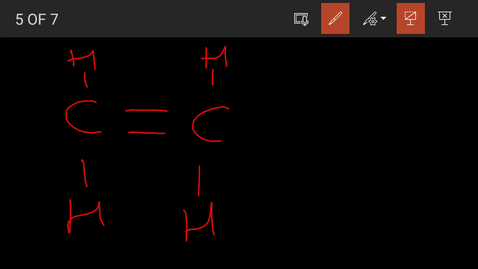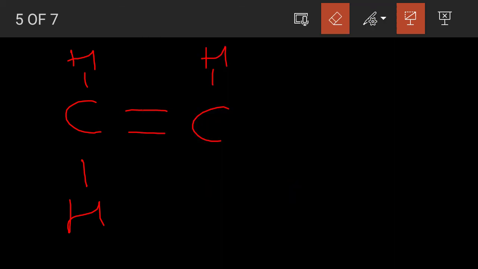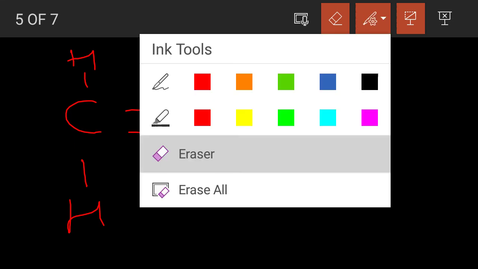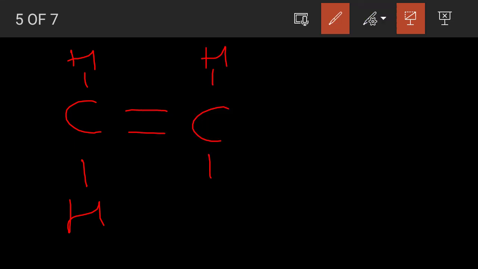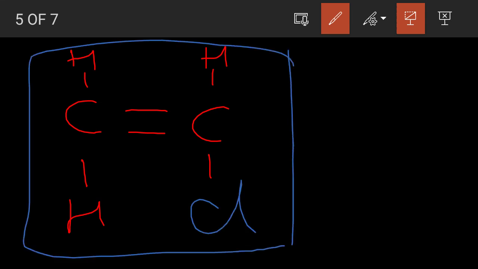Here what happens, if the bond between one carbon and hydrogen atom breaks and this hydrogen atom is replaced by a chlorine atom, then this compound is called an alkenyl halide.